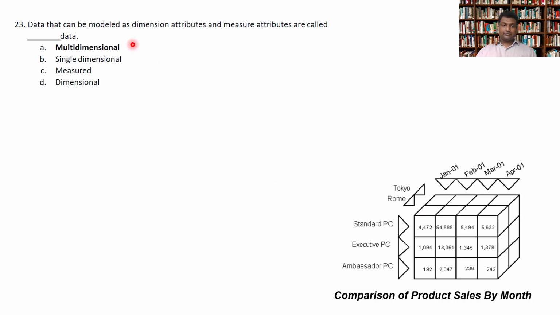So this is helpful in data modeling, and when we talk about data warehouses and ERP systems, we talk about this multidimensional data a lot. So that is question number 23.